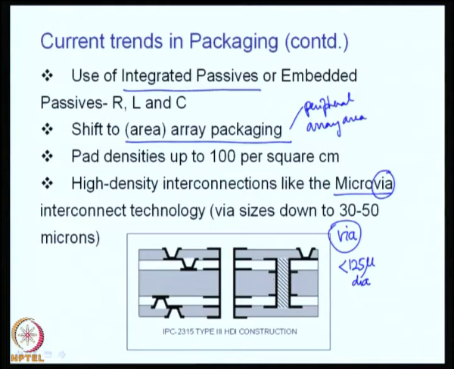You can see here, if this is, for example, 1, 2, 3, 4, 5, 6 layer copper wiring, then you can see a via that is basically interconnecting copper 2 to copper 5, and there is a via that connects copper 1 to copper 2. So, this is a via, and this we call a micro via because it is a very small size.